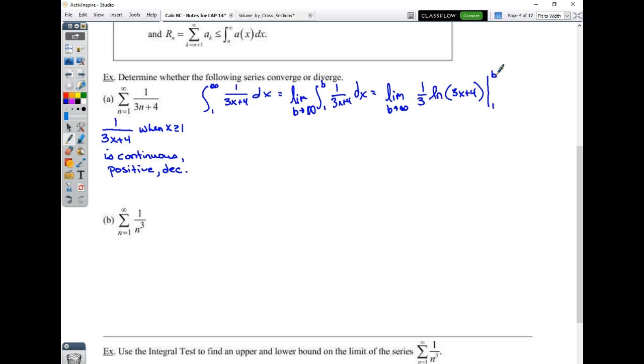Okay, I need to evaluate this, so I'm going to use the fact that constants can be pulled outside of the limit: 1/3 the limit as b approaches infinity of the natural log of 3b plus 4 minus the natural log of 7. What do I get?